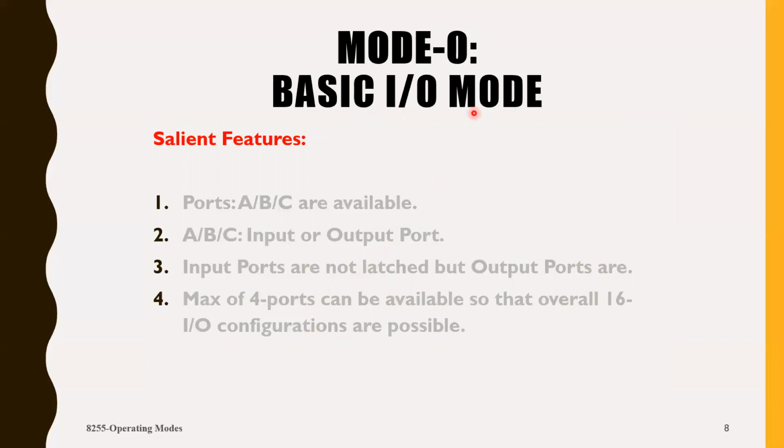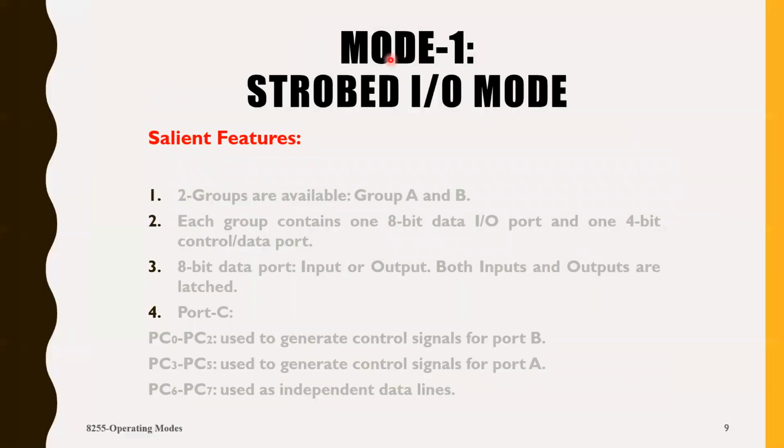Moving on to the next mode, that is mode 1 of the I/O mode. It is called the strobed I/O mode. Again, we have two groups here, group A and group B, and each group contains an 8-bit data I/O port and one 4-bit control or data port. Now these 8-bit data ports can be either input or output, and both the input and output ports are latched here.